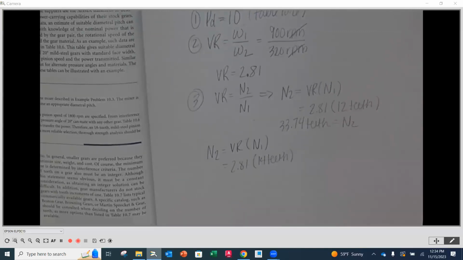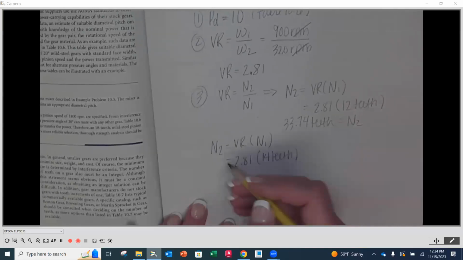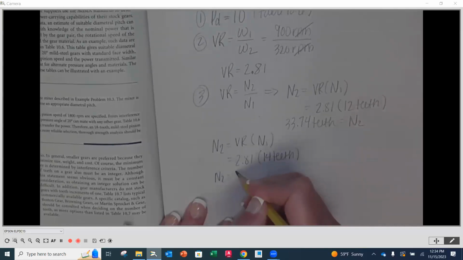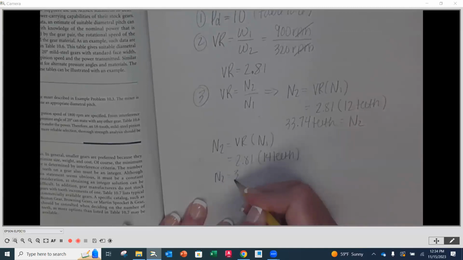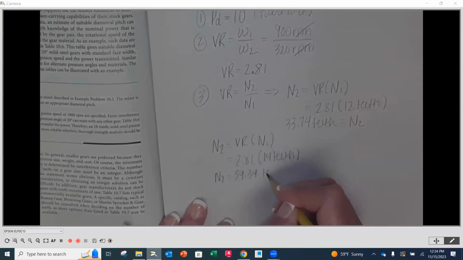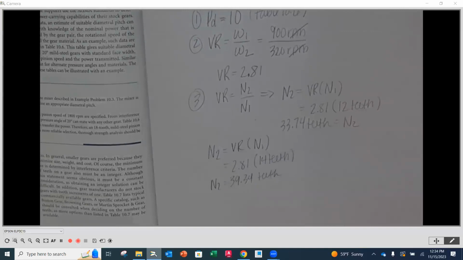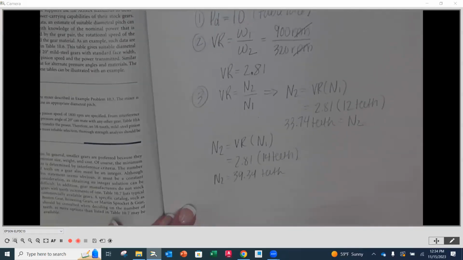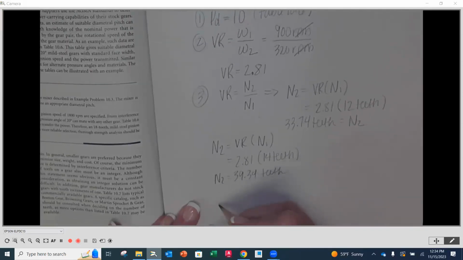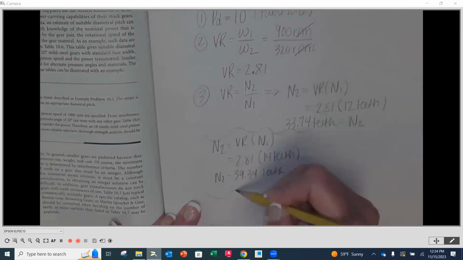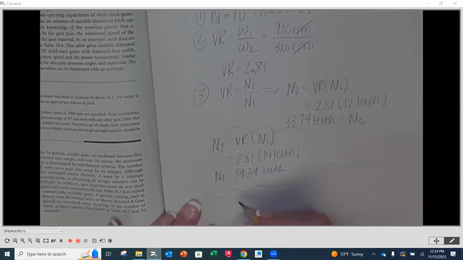So we'll try this again. 2.81 times 14. What do we get for that one? 39.34 teeth. Yeah. So that one's not coming out exact either. All right. Let's try 16. So these are iterations, we call them. Okay.